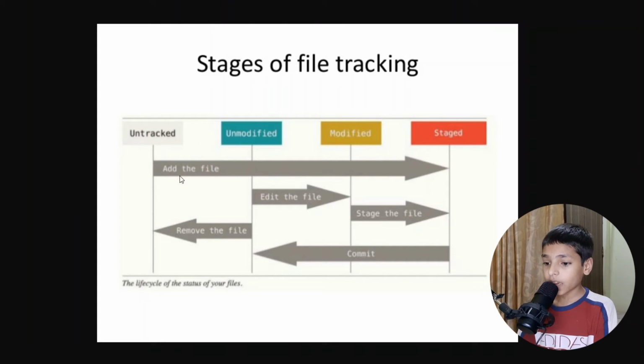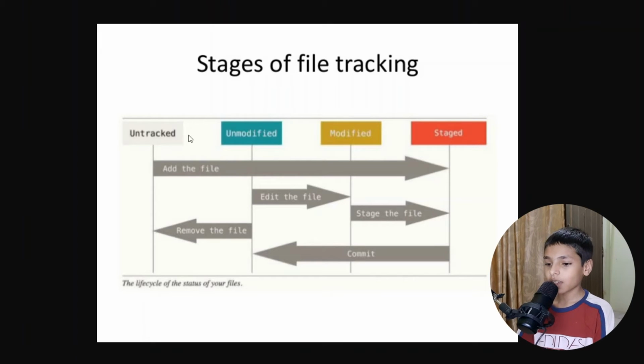Okay, and now after the untracked file we add the file to the staged area. Means now Git is tracking it, and Git is just fine with these files. I will tell you how to add these files, but first we need to learn this.